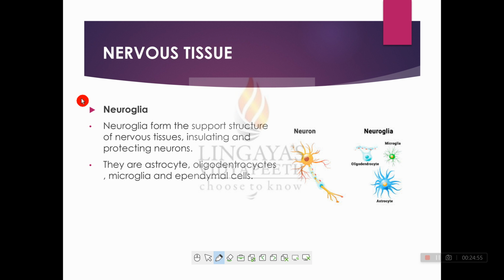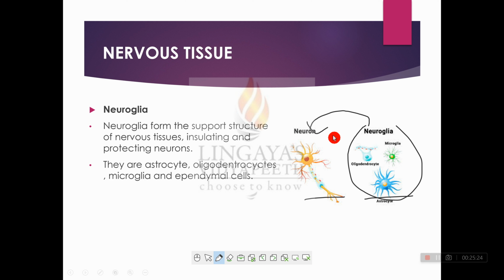Except for the neuron, nervous tissue also includes cells that do not transmit impulses but instead support the activities of the neurons. They are called glial cells. Together they are termed the neuroglia. Neuroglia form the support structure of the nervous tissue, insulating and protecting neurons.